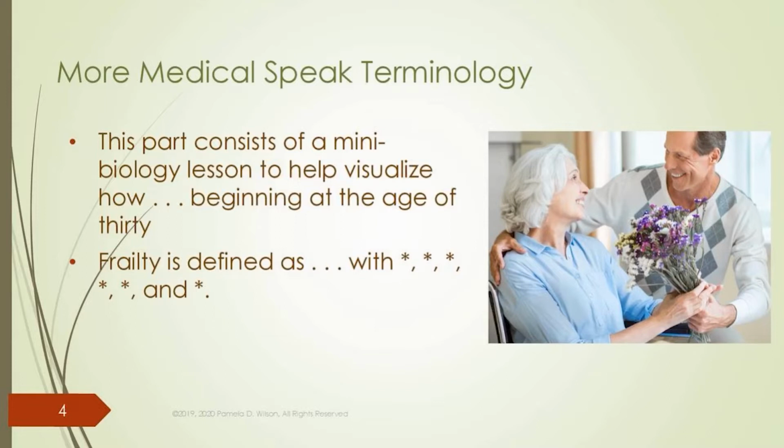So let's do a little more medical speak terminology. This section is going to contain a mini biology lesson to help you visualize how the body works and how declines happen with age, beginning at the age of 30. We've talked about how our physical strength, our balance, our muscle mass, how we lose that beginning at the age of 30 if we don't do anything about it.